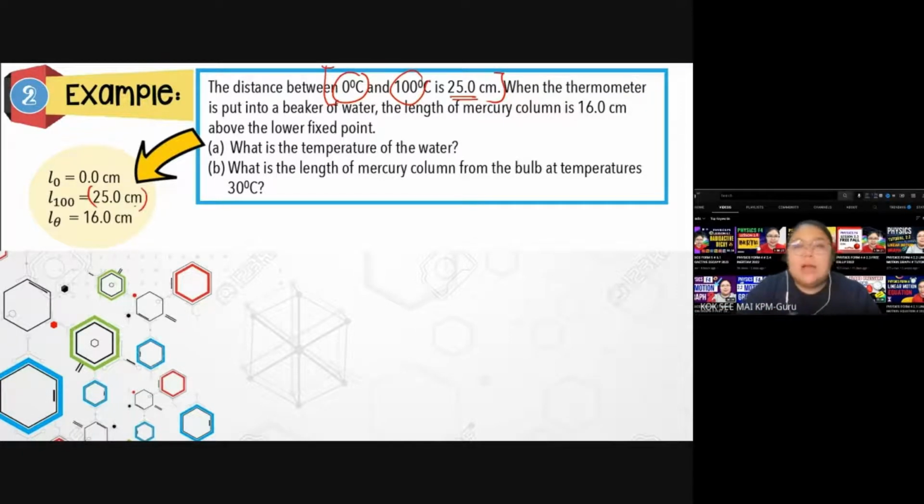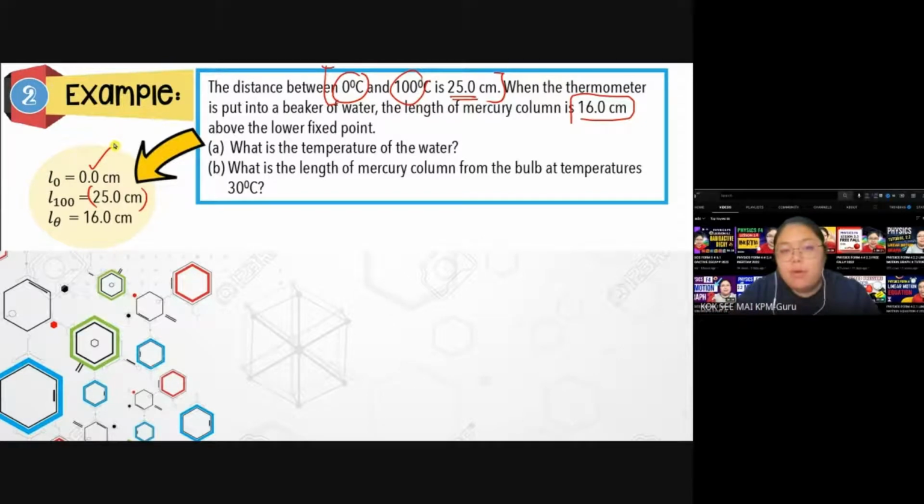This one means when the thermometer is put into the beaker of water, the mercury becomes 16. So this is L theta. Then the question never mentions 0, because from 0 to 100 is already 25. So L0 is how many? L0 is 0. If they mention it, they straightforwardly tell you the length. So when 0 degrees Celsius, what's the length?